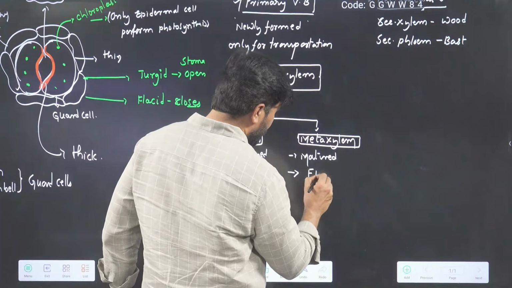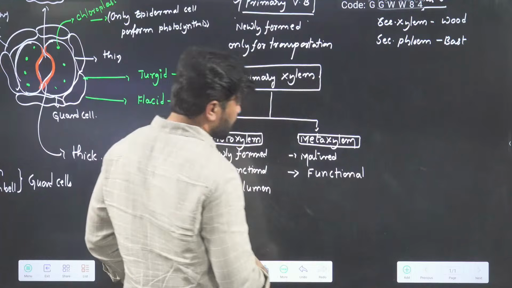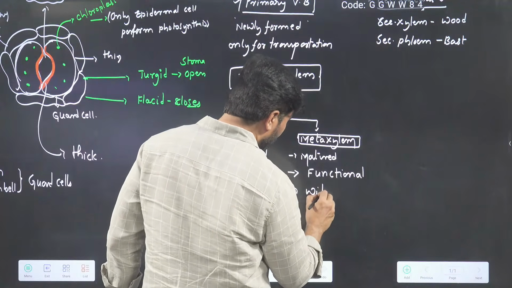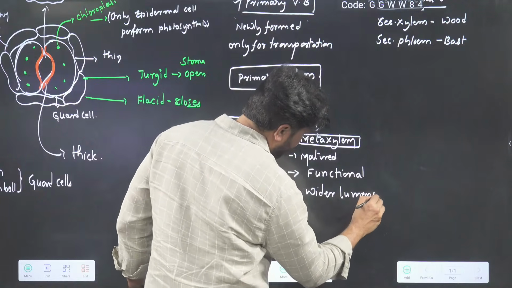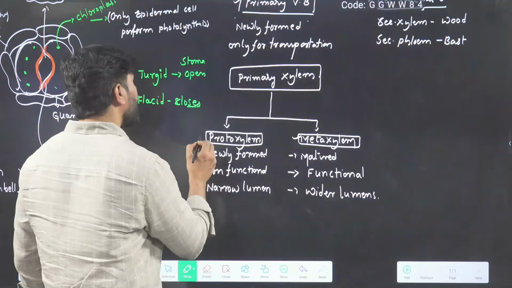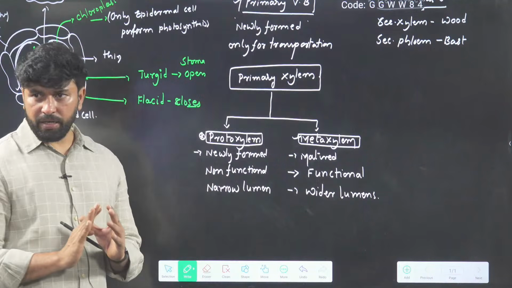It is functional. It is the one which is able to transport water and mineral, and it also has a wider lumen. Lumens are very wide in metaxylem. Lumens are very narrow in protoxylem. Keep it in mind.